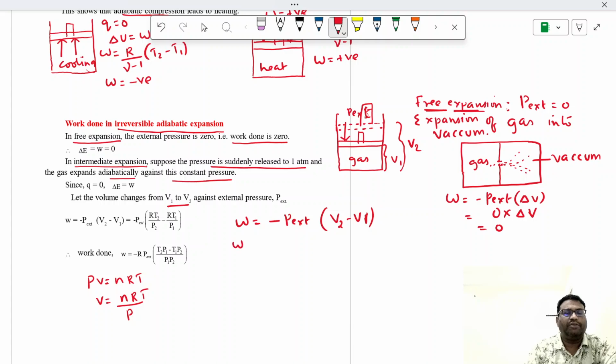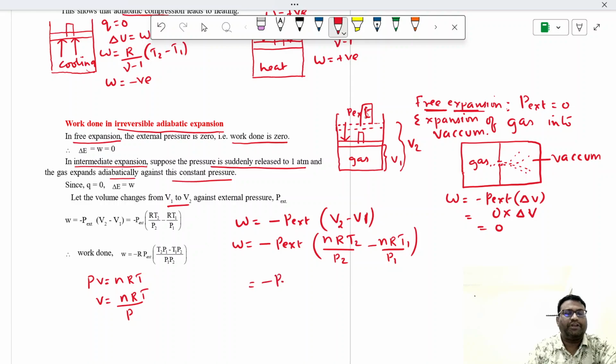Then work done will be equal to minus P external into V2 minus V1. The number of moles taken in this cylinder, n, is constant, because we are not adding gas and we are not releasing gas. So n is constant, R is constant, while temperature and pressure are changing. So nR T2 by P2 minus nR T1 by P1.